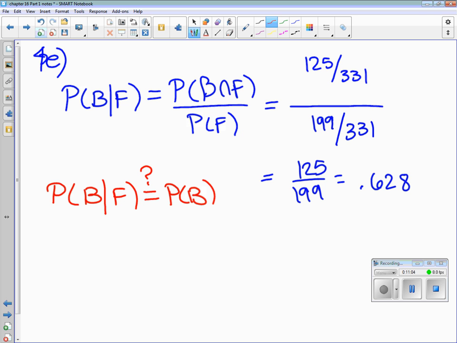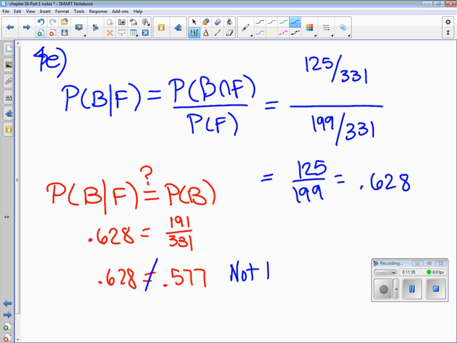We already know that this is 0.628. Earlier in the question, part B, didn't it ask what's the probability that a student ate breakfast? That was 191 over 331, and when I divide those out, I get 0.577, which is not the same as 0.628. So since they're not equal to each other, we're going to say that they're not independent. They're dependent.